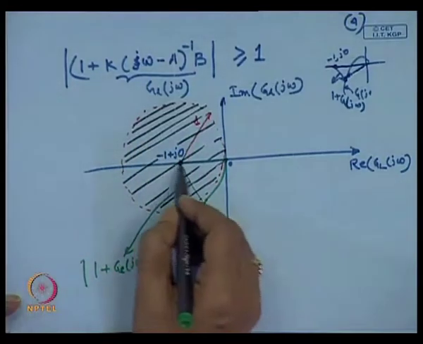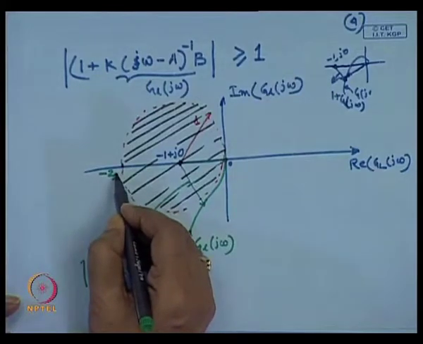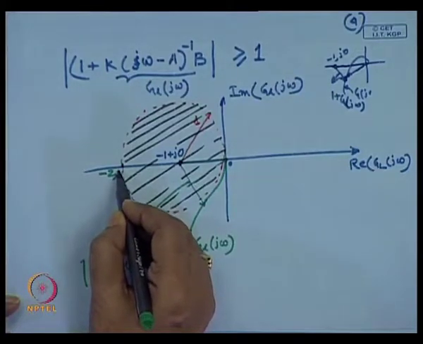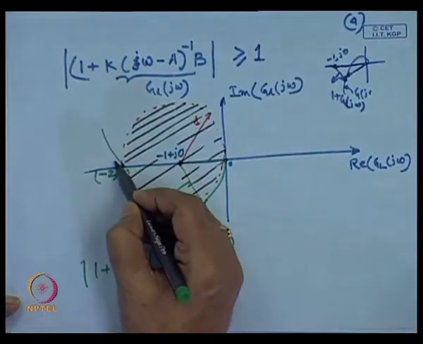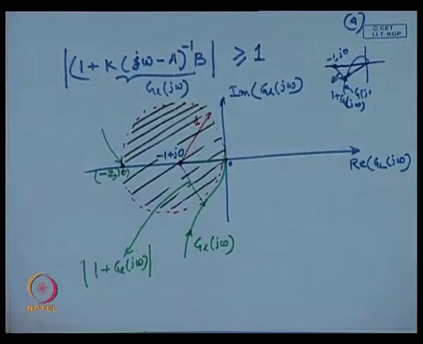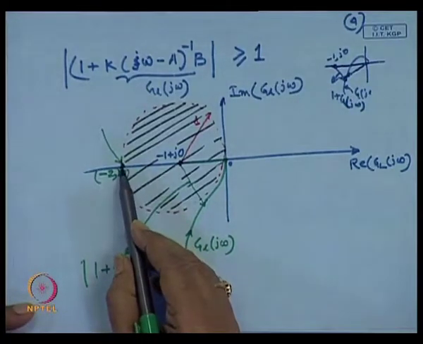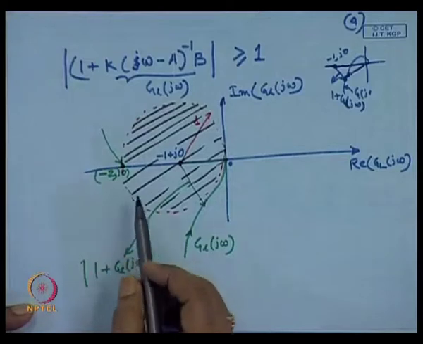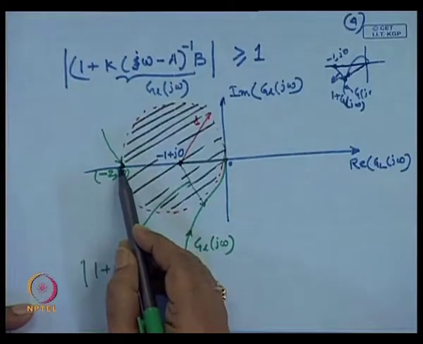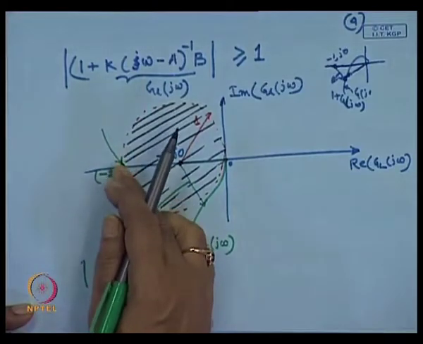Now, you see this point, if it is 1, this point is minus 2 comma j0. Agree, this point is minus 2. So, whatever the present gain is, in the worst situation the loop transfer function can touch this point.